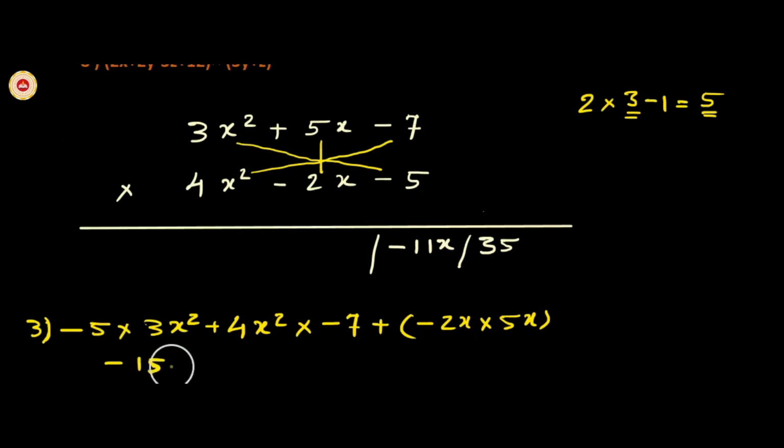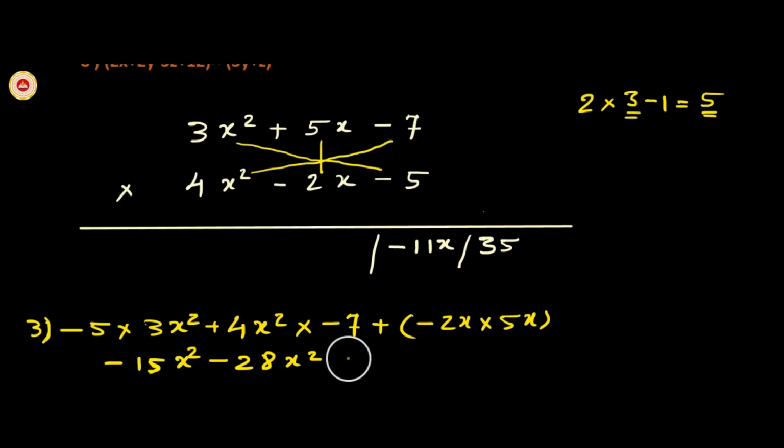Minus 5 multiplied by 3x squared, minus 15x squared, plus 4x squared multiplied by minus 7. 7 4s are 28, so this should be negative 28x squared.